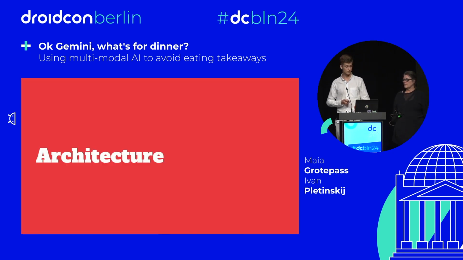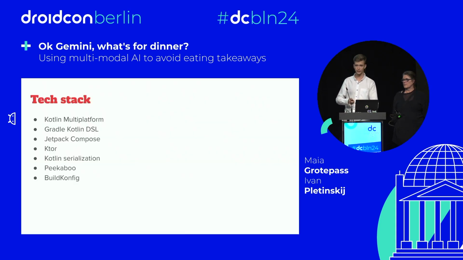Let's move to the architecture and start with the tech stack. Our application is written entirely in Kotlin with Compose, so it's 100% Kotlin Multiplatform, both for Android and iOS. We use Gradle Kotlin DSL and Jetpack Compose as a UI library, Ktor for network requests, Kotlin serialization.